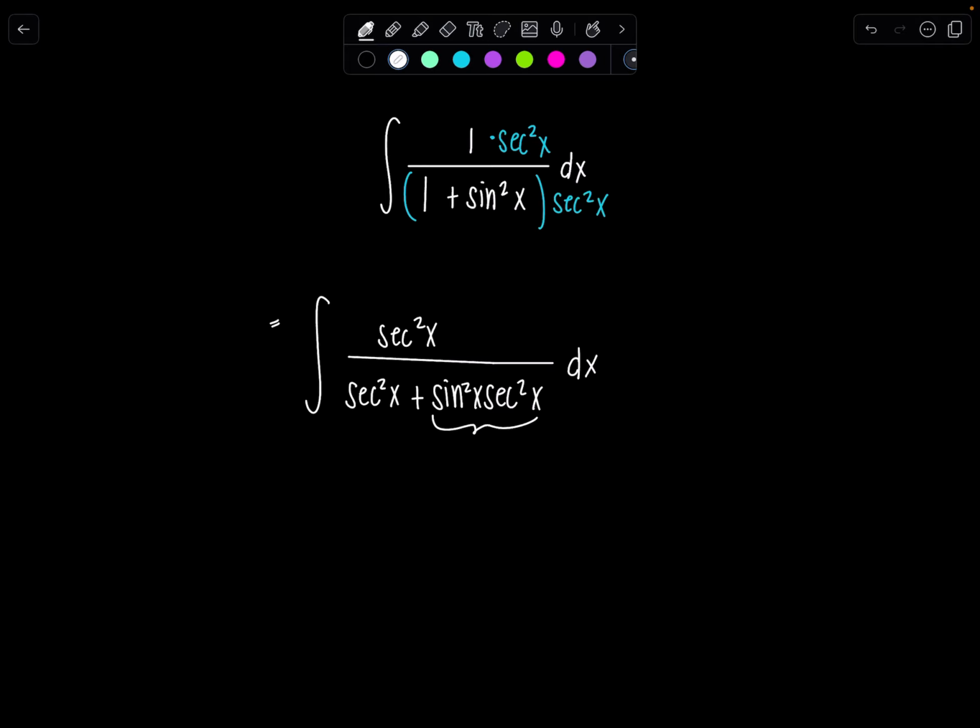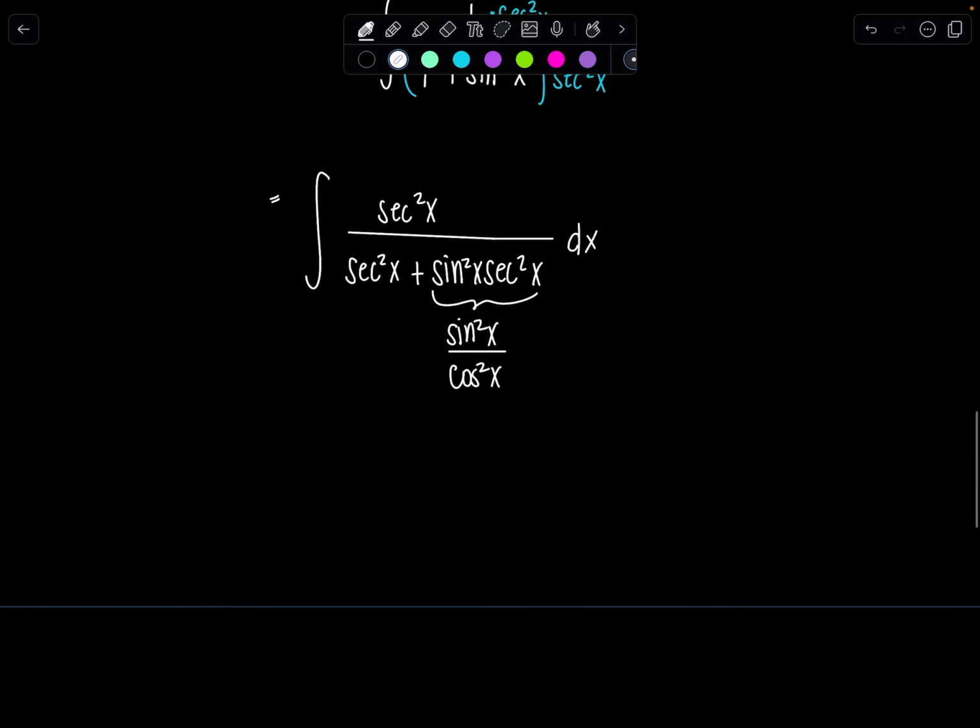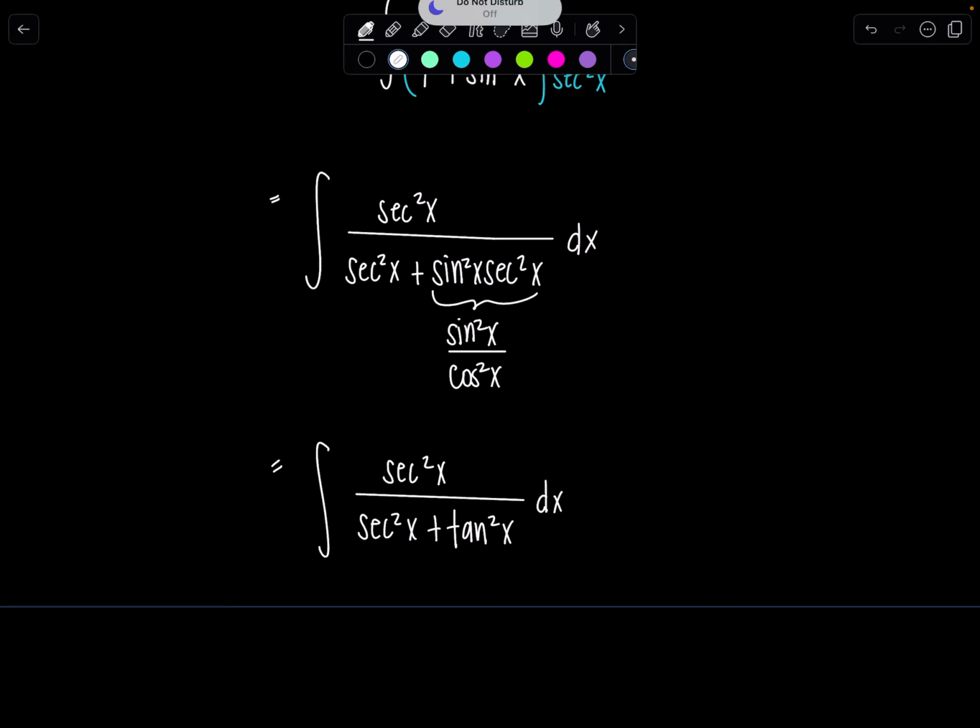Since secant squared x is 1 over cosine squared x, this is sine squared x over cosine squared x, right? Which is our good friend tangent squared x. All right. So now we have secant squared x in the numerator over secant squared x plus tangent squared x dx.